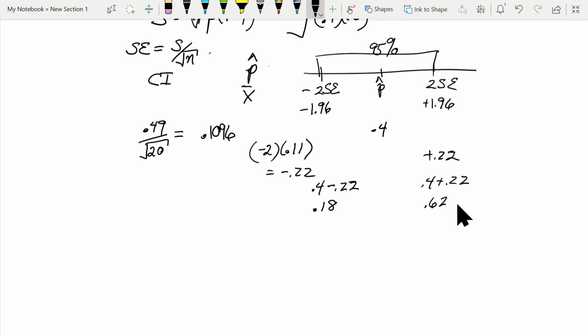So my 95% bet on the real population proportion is between 0.18 and 0.62.